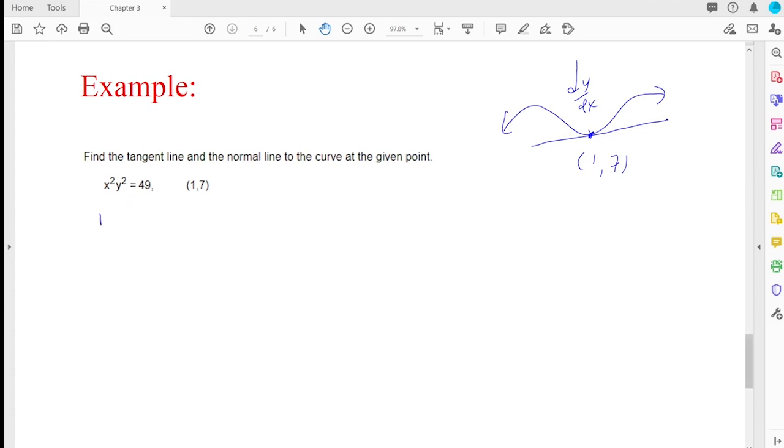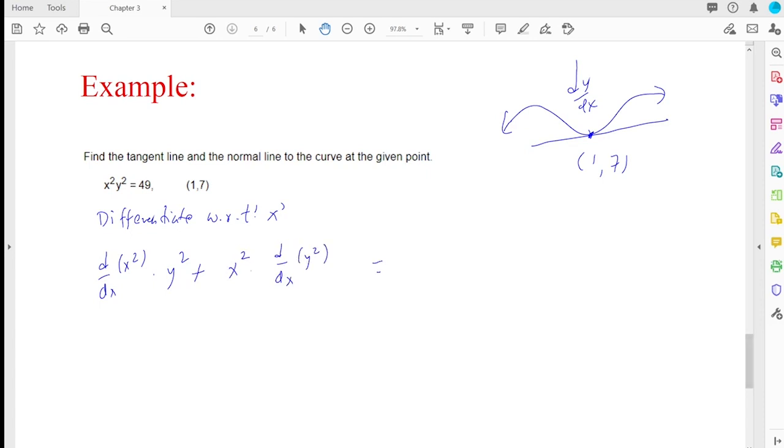So let's differentiate this equation with respect to x. On the left side, there is x squared times y squared, so you have to use the product rule. You find the derivative of x squared for the first time, leaving the y squared, and then leave x squared and find the derivative of y squared.